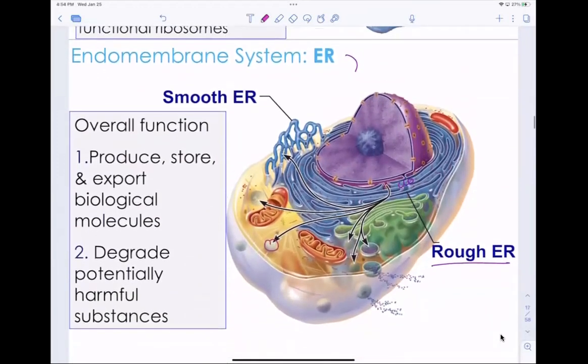Endoplasmic reticulum surrounds the nucleus, and this is where the finishing of proteins can occur. The ribosomes will attach to the outside and shove the protein inside the endoplasmic reticulum to finish its conformation, and then package it and send it to the Golgi apparatus. So right here is the Golgi apparatus, this green thing.